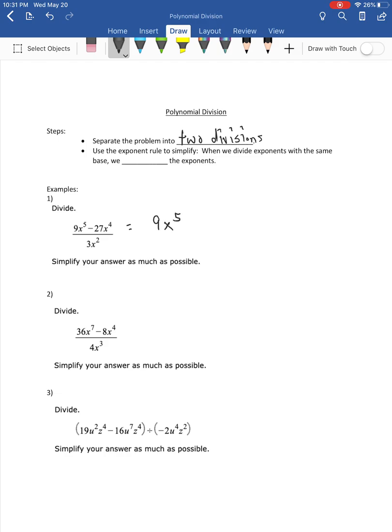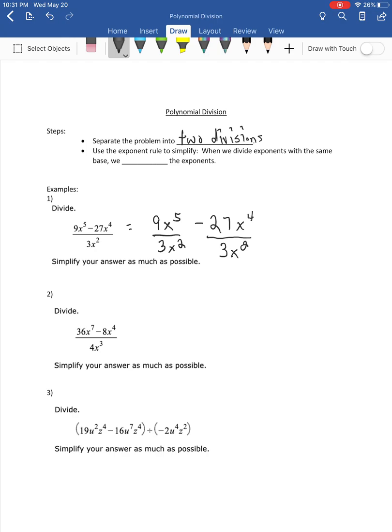This is going to be 9x to the 5th divided by 3x squared minus 27x to the 4th divided by 3x squared. Okay, I just split up the division. All right, in step 2, now we're going to use the exponent rule to simplify, which we learned in goal 5.